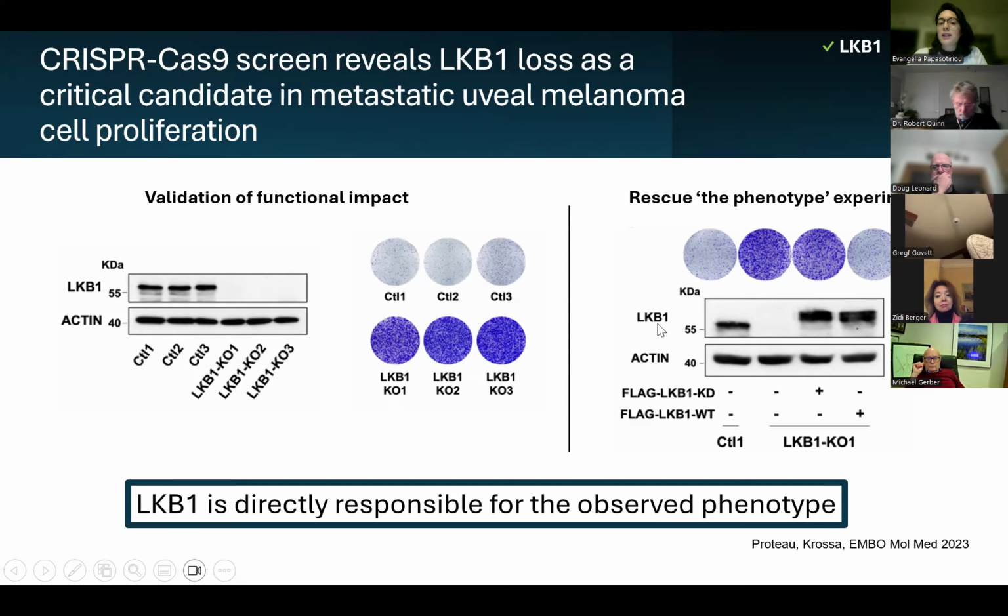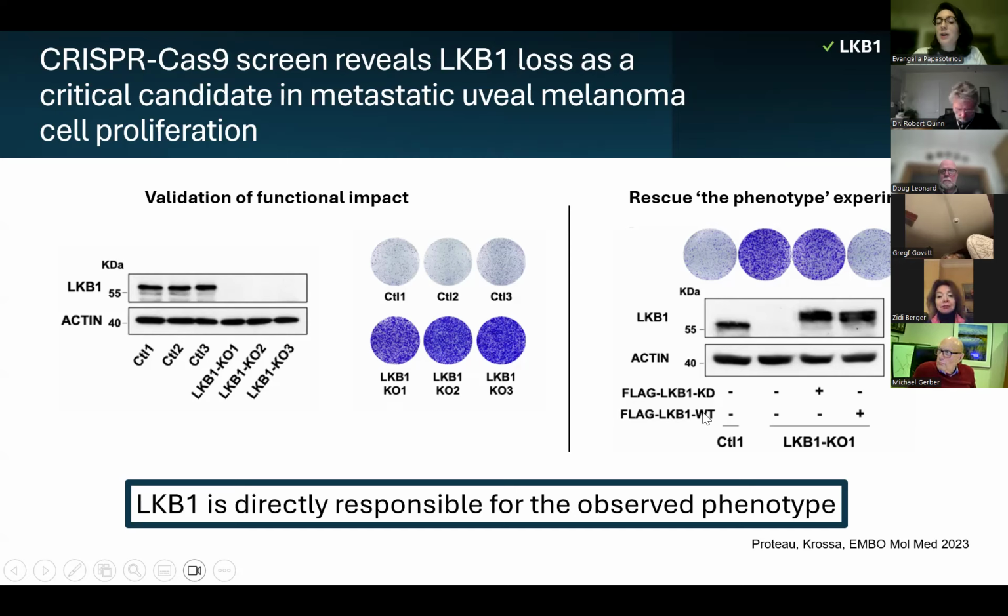As you can see here, when we delete LKB1, we have higher proliferation compared to the control. When we add back the kinase dead form, and just to remind you, when we talk about kinases, usually we need the full kinase form in order to be active, we pretty much have the same effect as when we delete LKB1.